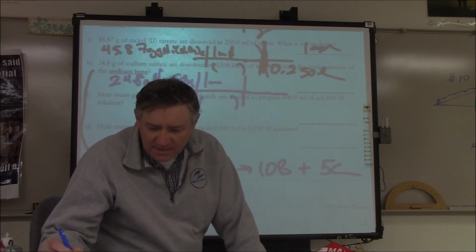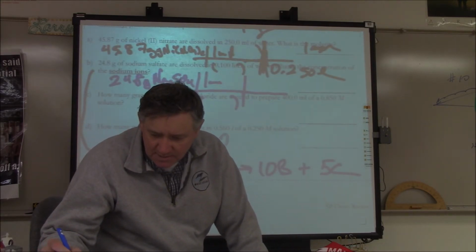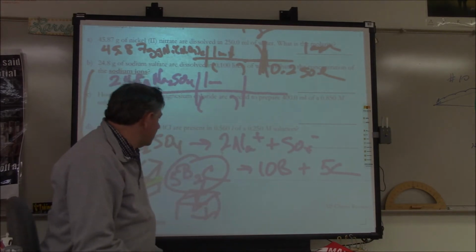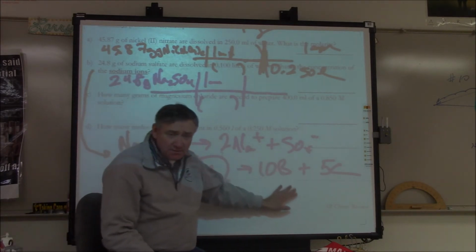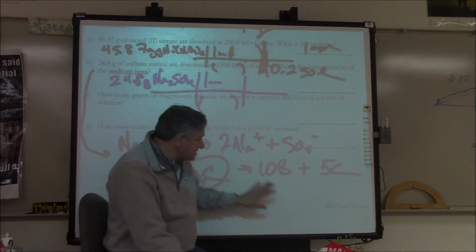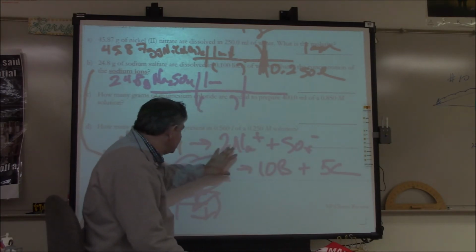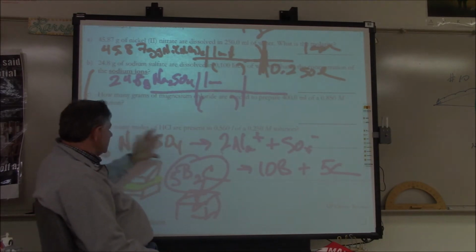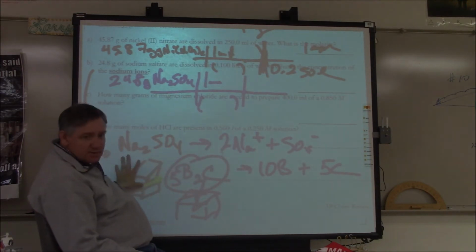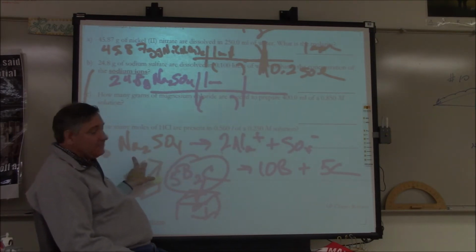Sodium sulfate is going to ionize into 2 sodium ions and 1 sulfate ion. So this isn't a reaction. Sodium sulfate isn't reacting with anything. It's just ionizing in water. So this is a 2-to-1 ratio of sodium ions to sodium sulfate formula units.